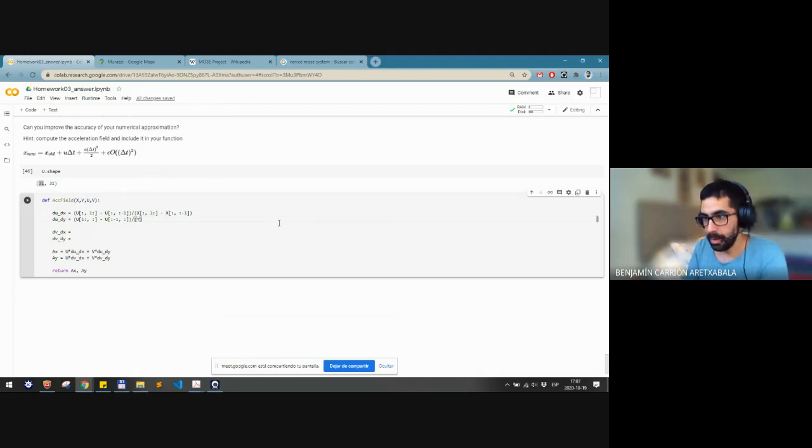So y, 1 onward, all of the x, minus 1. Okay. And you can easily show that this is the same for v, but you only need to change this one.